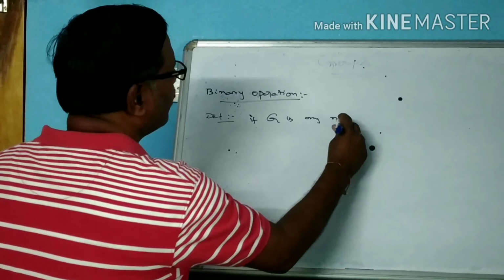For example, I would like to define a function. Let N be the set of natural numbers 1, 2, 3, 4, and so on.